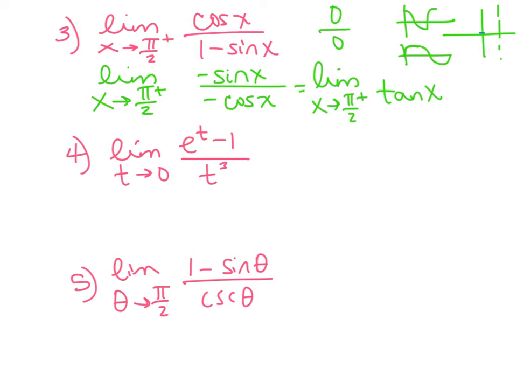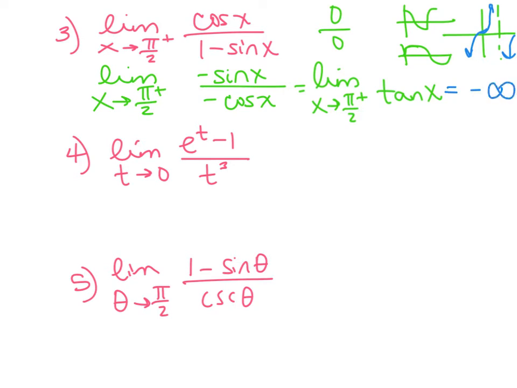My graph looks like this. It goes up here, down here, and on the other side it would be coming down. So if I'm looking at the limit as x approaches pi over 2 from the right, that would of course be from this direction, that would be negative infinity. So my answer here is negative infinity.